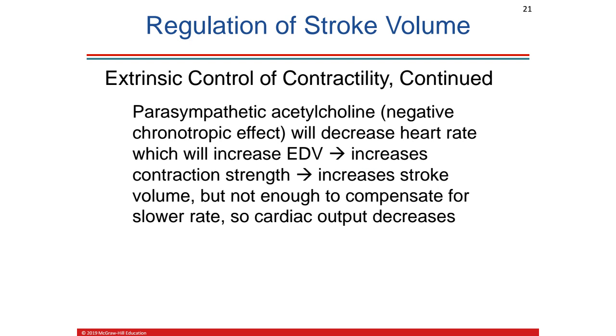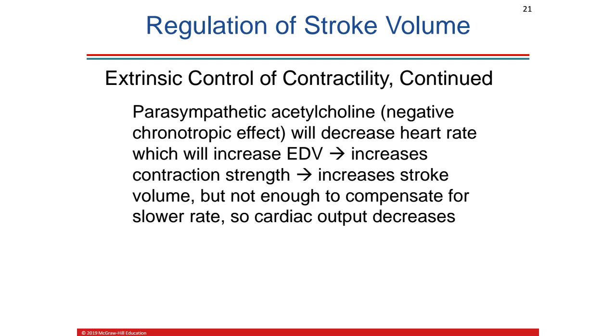Recall that the parasympathetic nervous system has nerve fibers that go to the sinoatrial node. They release acetylcholine and have an inhibitory effect on the pacemaker cells there. They reduce the heart rate by acting on those cells.